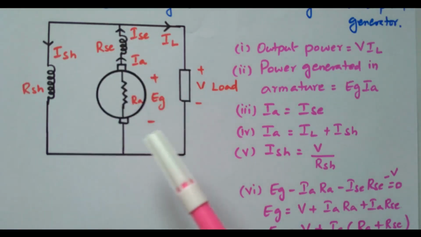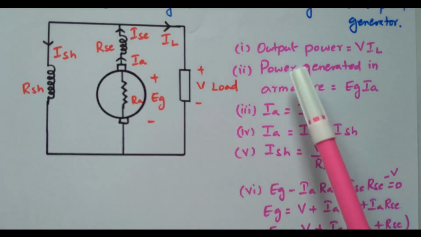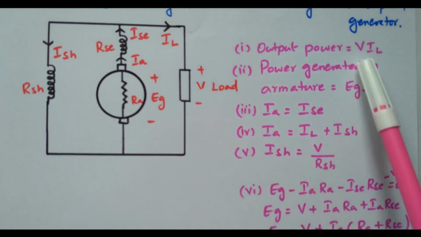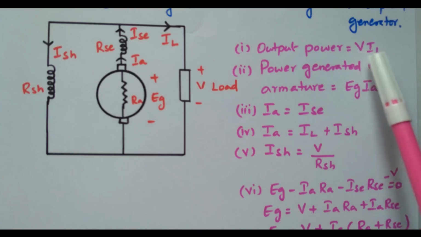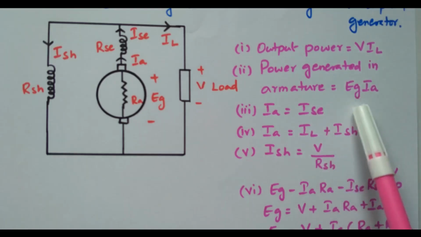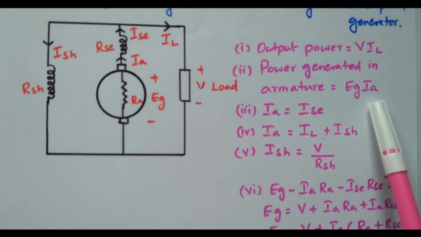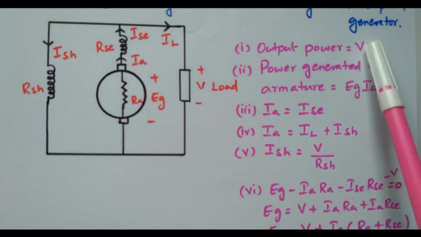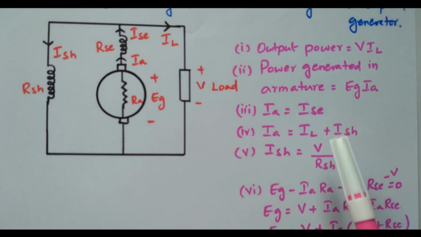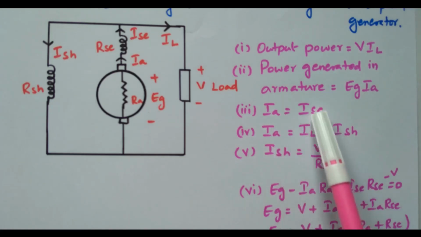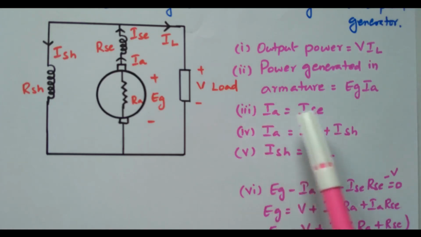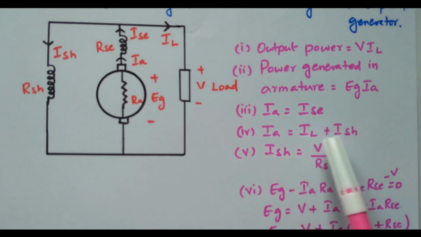So we'll see what the drops available are. The output power will be V into IL, load terminal voltage and load current, right? The power generated inside the armature is EG into IA. After the drop, the balance will be available here. IA equal to ISC. Similarly, IA equal to IL plus ISH.